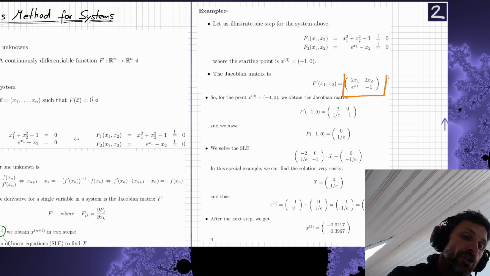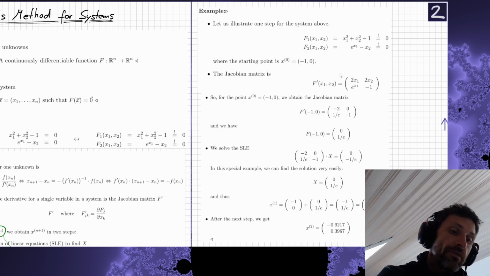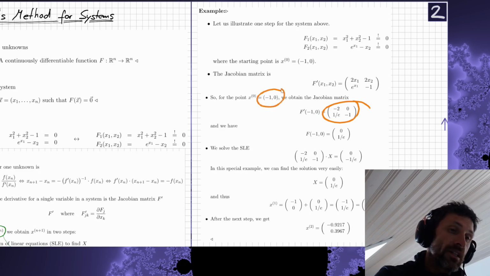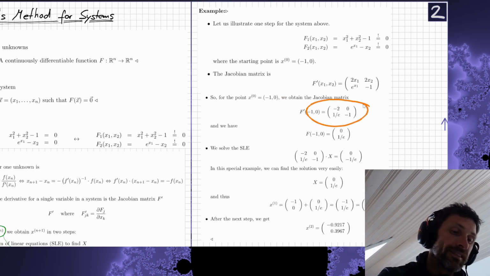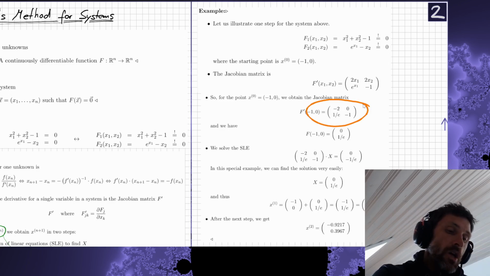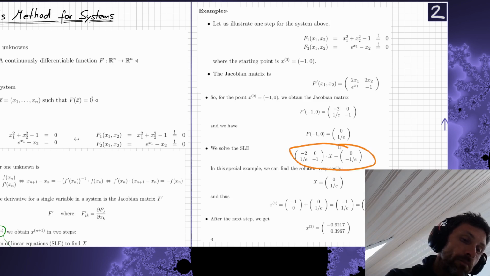So this is the Jacobian for every point x1, x2, and this is the Jacobian of the specific point -1, 0, and these are numbers. 1 divided by e is 0.3. Okay, and now we solve that problem.